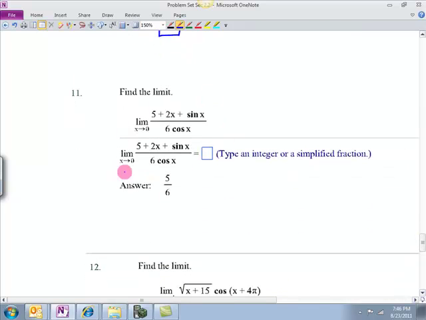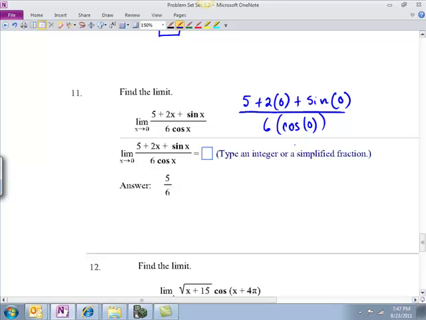And these look ugly. You just see these, and you just go, ooh, no, I don't want to do those. But they're really not bad, unless you end up with 0 down here. But what is the cosine of 0? 1. So if we just plug in, we get 5 plus 2 times 0 plus the sine of 0 over 6 times the cosine of 0.